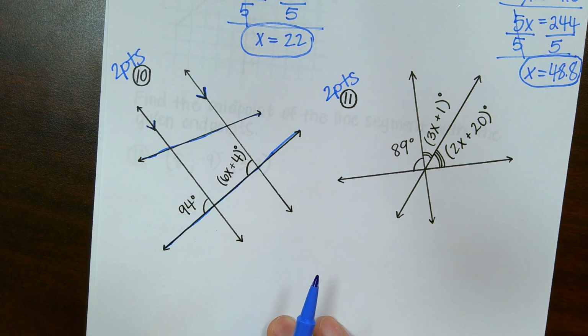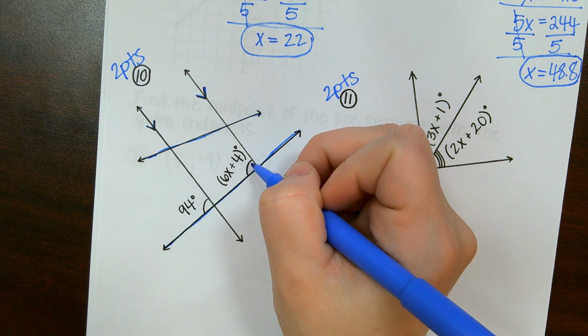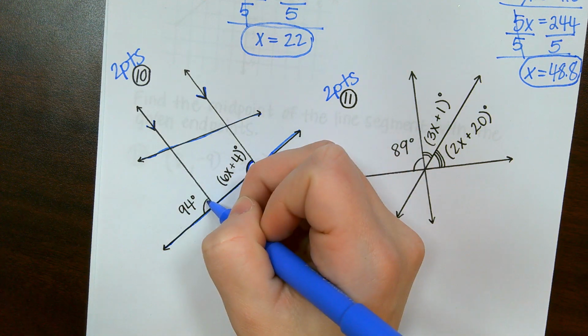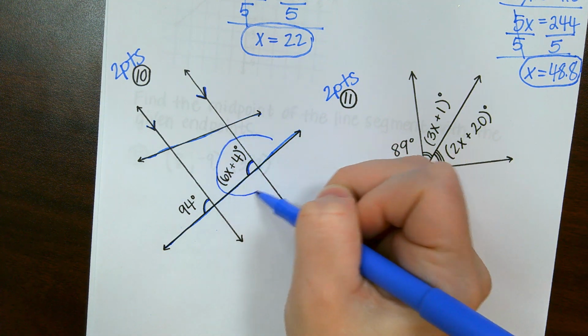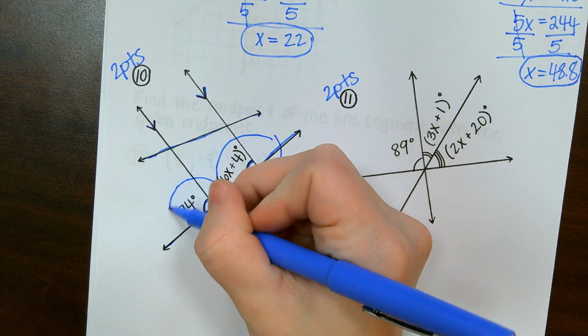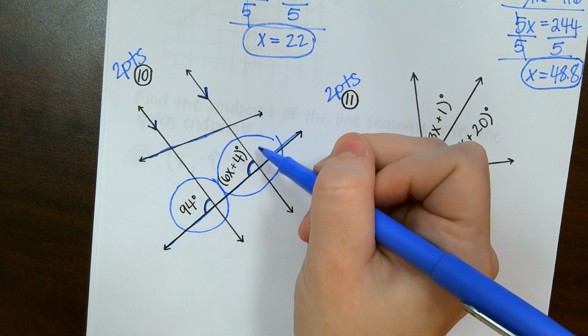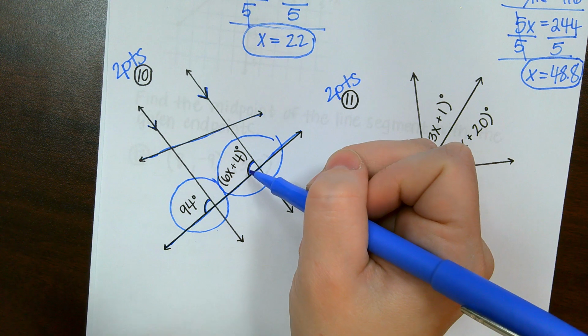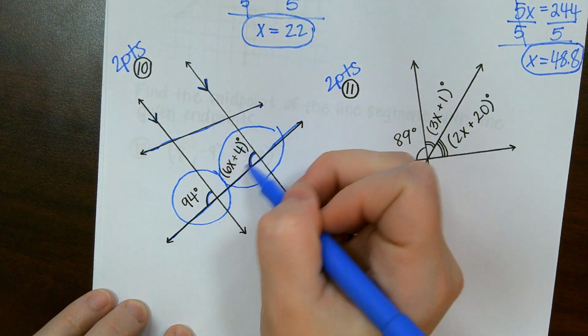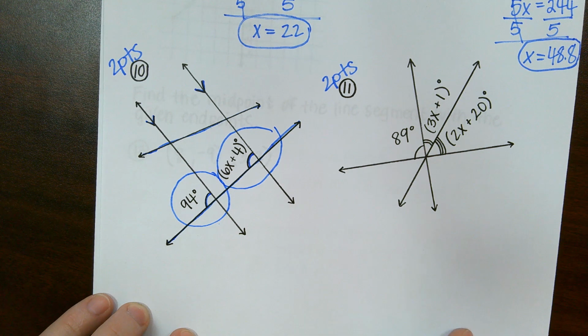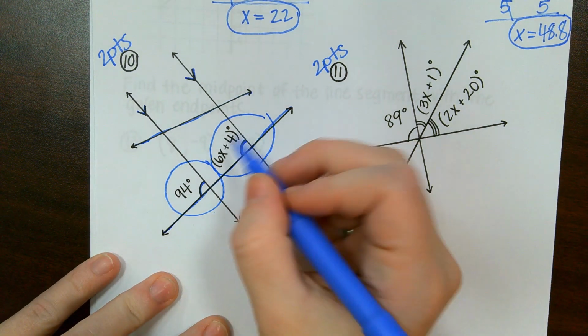It's just there to make it a little trickier. So I'm really just looking at these 2 angles, which I can tell they're in the same spot according to where they fall on those parallel lines. They're both in the middle left-hand side here. So that means they're corresponding angles, and we are going to set them equal to each other.